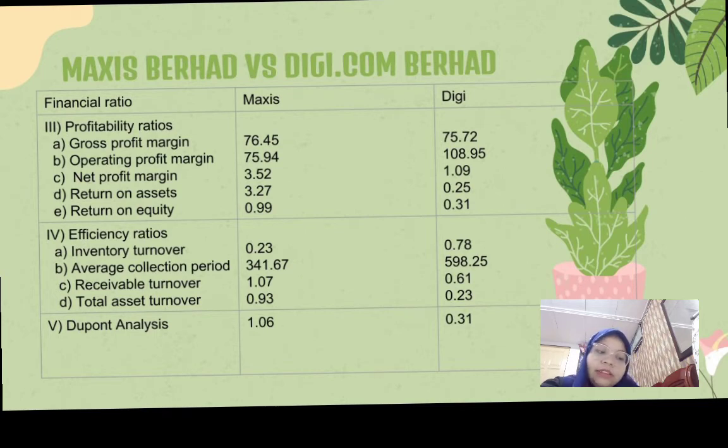This shows Maxis can collect sales made on credit. This refers to sales for which payment is deferred until after the date of sale.